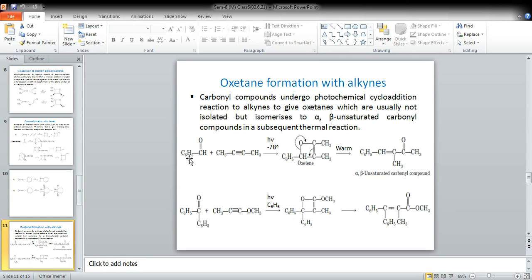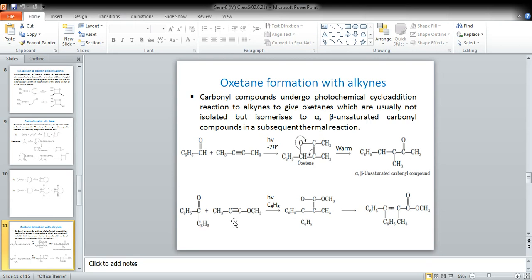In the example, this particular benzaldehyde reacts with this particular alkyne, which is butyne, and gives an oxetene. Now this oxetene on warming or heating converts to an alpha beta unsaturated carbonyl compound.